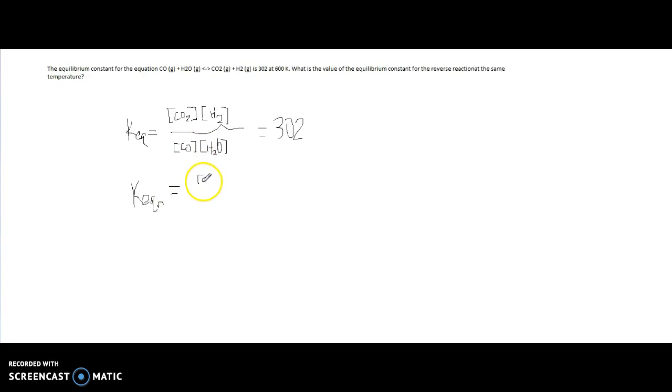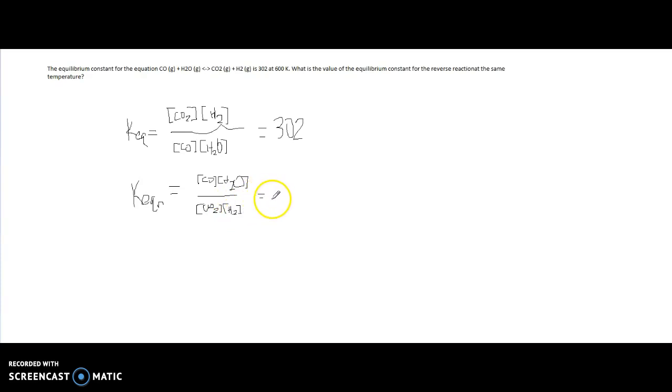So the concentration of CO times the concentration of H2O divided by the concentration of CO2 times the concentration of H2.